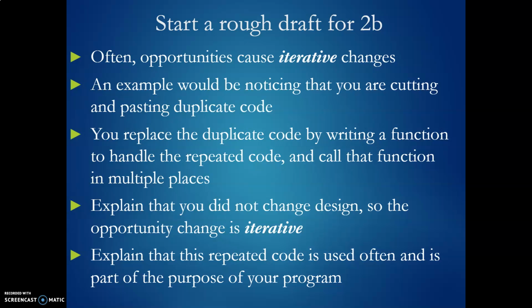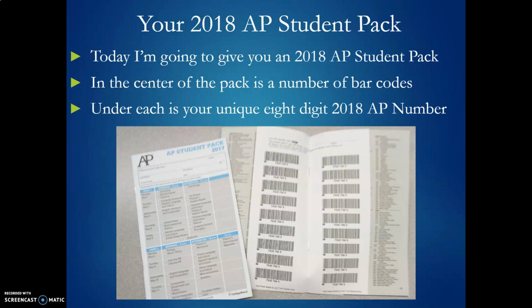We're going to be asked about that later. And it doesn't change the design of your program. It doesn't change how it works. So it's an iterative change. It's just an opportunity where you make the program run better or make it better organized. So you could explain that this repeated code could be eliminated to make your code easier to read, easier to understand, and easier to modify.